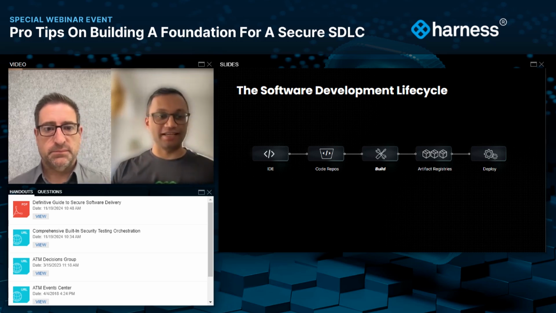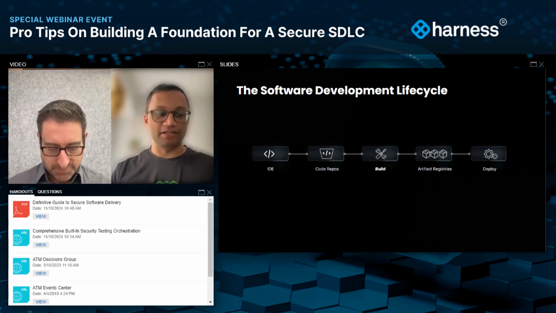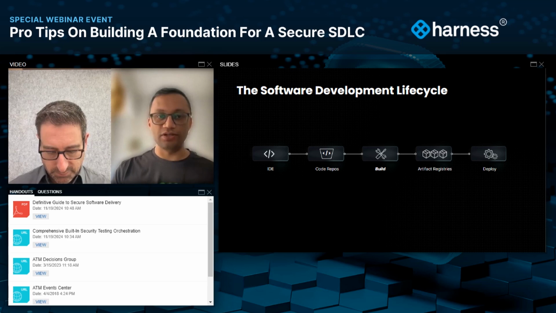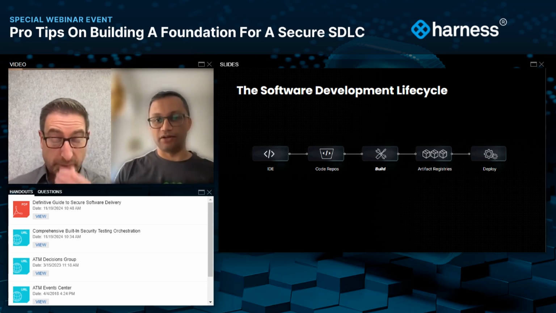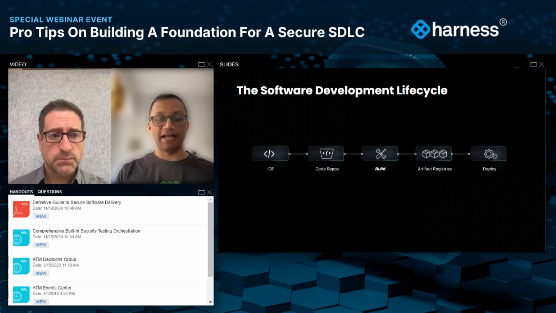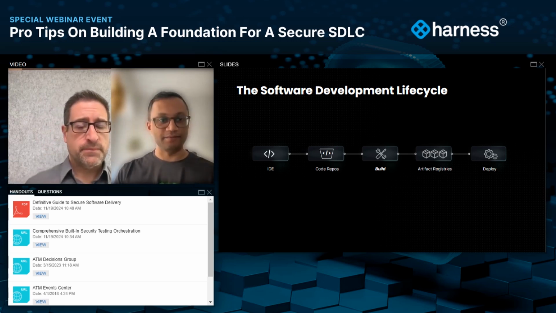I know pipelines can get really complicated, but let's just focus on a very simplistic pipeline, which starts with the IDE, where developers write code. Then you have code repos, where developers commit code and raise a PR, the code gets built out, then you create an artifact, and then you deploy the artifact. So it's a very simple pipeline, and let's look at how we can actually secure it.